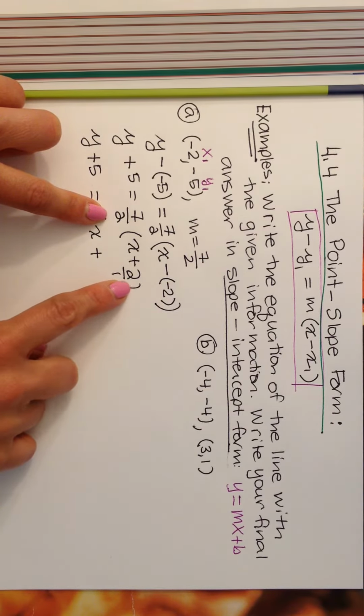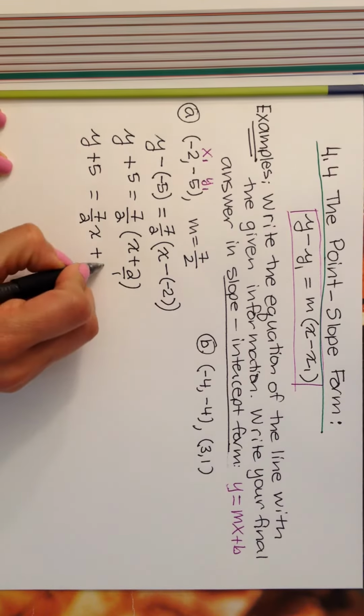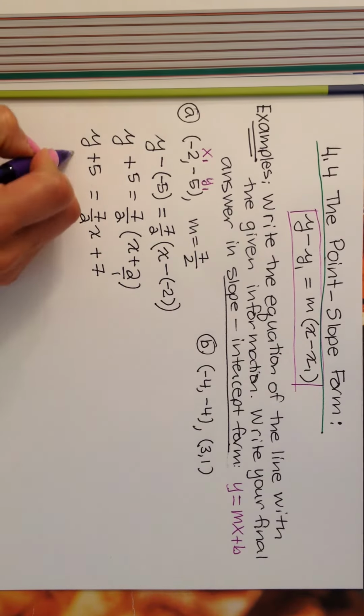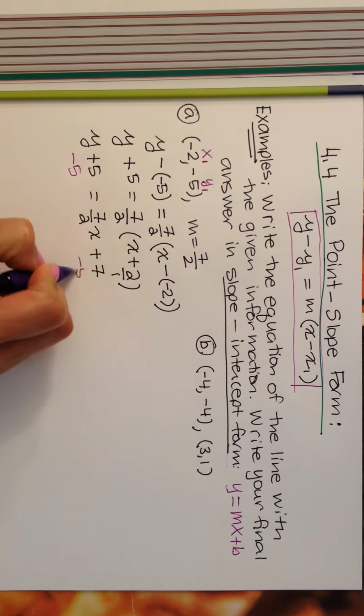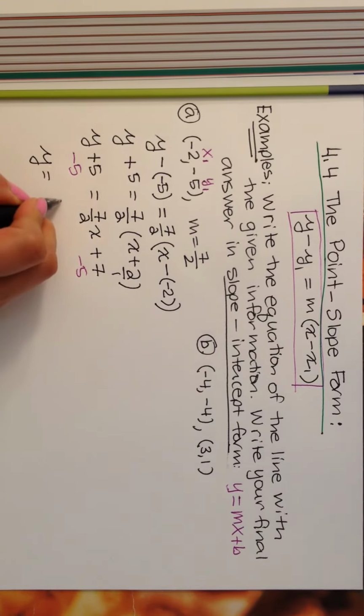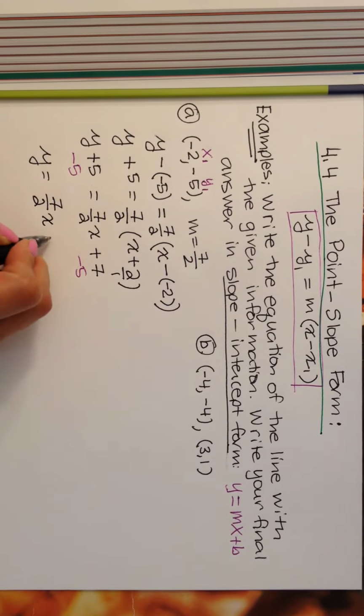I can reduce the 2, and so we're just left with 7. Subtract 5 from both sides, and that will give us our final answer: y equals 7 over 2 x plus 2. This is now in slope-intercept form.